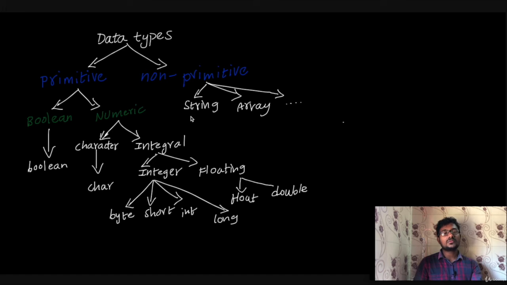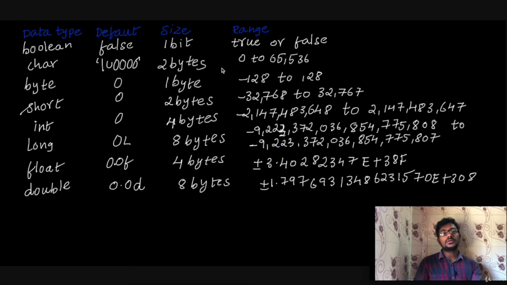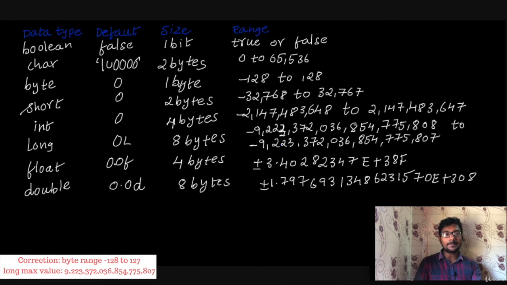In such a case we can use the string data type. In the string data type all characters would be stored in a sequence. That string data type would use the character data type internally for storing the sequence of characters. We will discuss arrays and other stuff in the upcoming videos. Now we will see the differences between the primitive data types in a detailed manner.